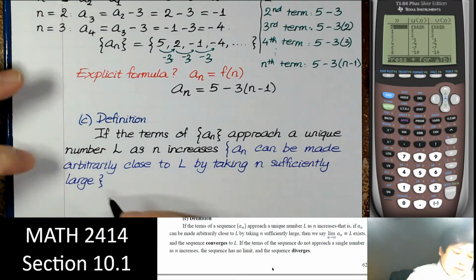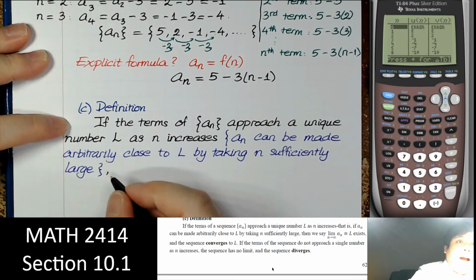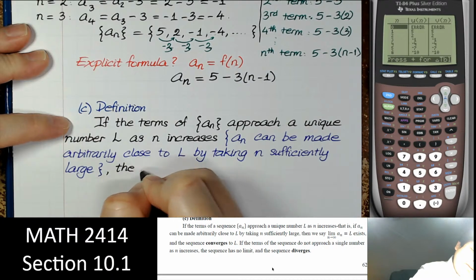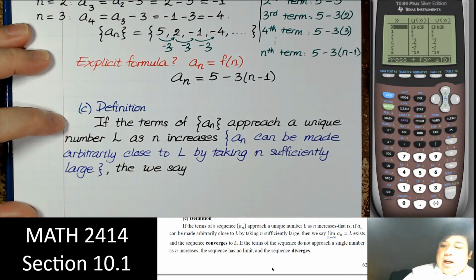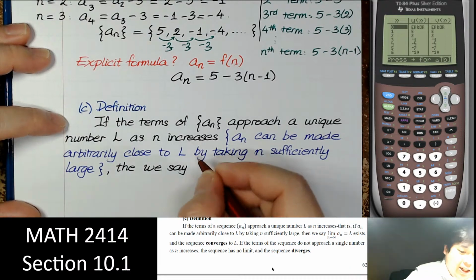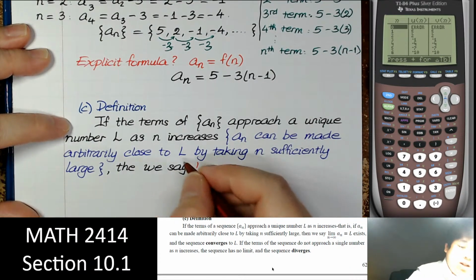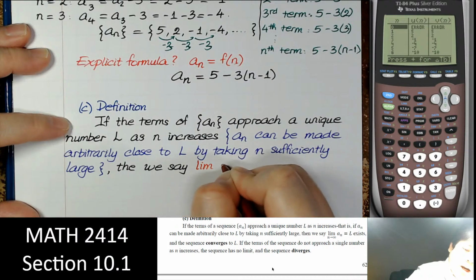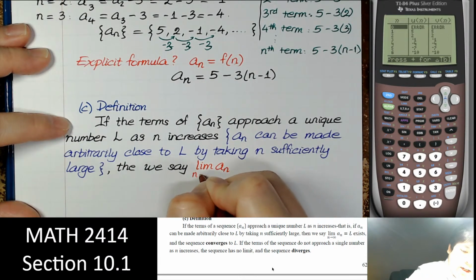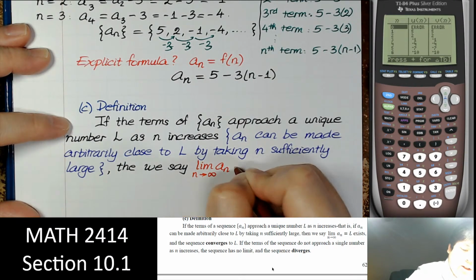That is the definition of limit, by the way. So we just say the limit of a sub n as n goes to infinity equals L.